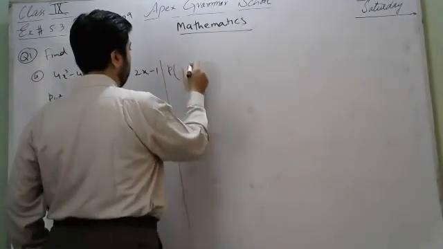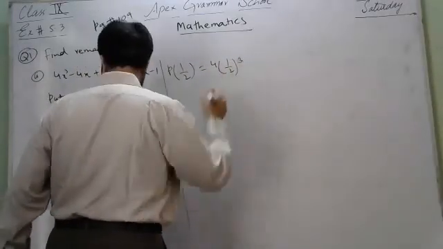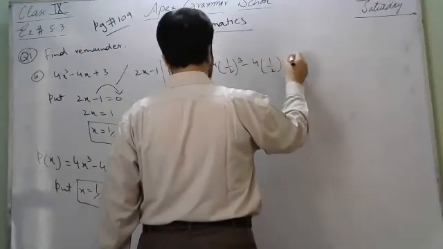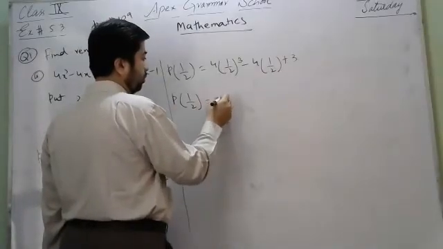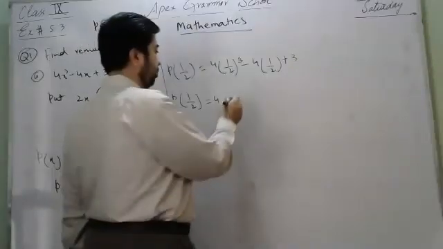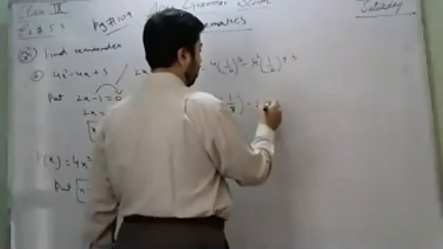So p of 1 over 2 is equal to 4 into (1 over 2) cubed minus 4 into 1 over 2 plus 3. 1 over 2 cubed, that is 1 over 8, and then 2 1s are 2, 2 2s are 4, 2 plus 3.